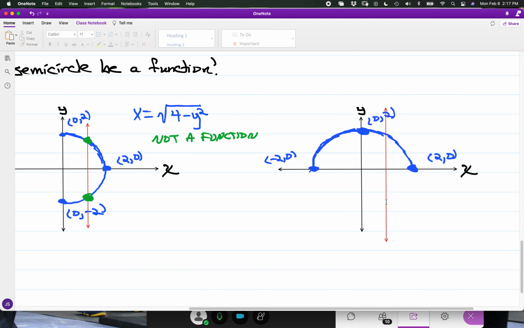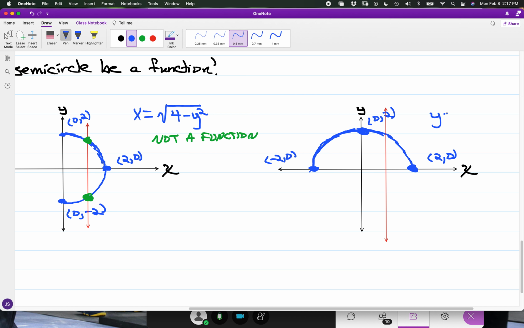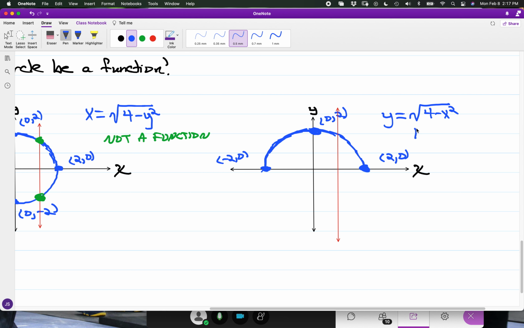But here we have the intersection at most 1 point, and this semicircle will be an illustration of y is equal to the square root of 4 minus x squared, and because we have the intersection at most 1 point, this one is going to be a function.